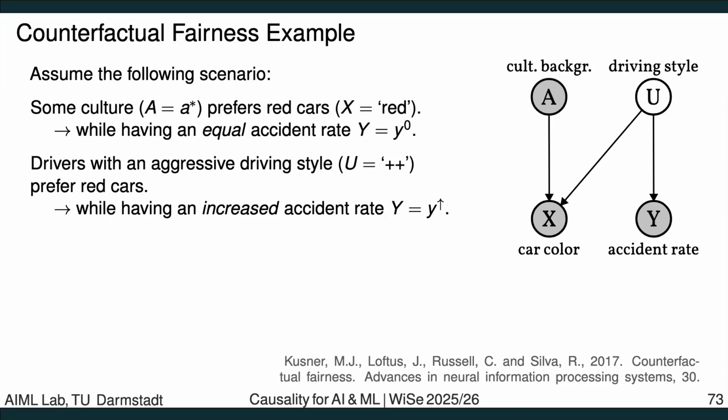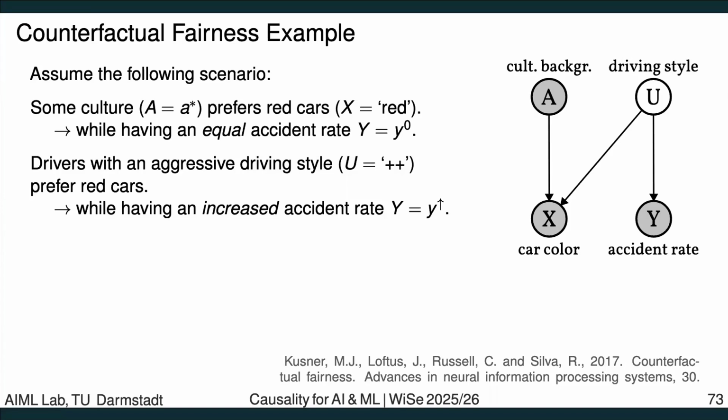So this one culture that prefers red cars, they drive maybe the same as every other culture, every other assignment of A. But maybe people that drive a bit faster prefer red cars, or I don't know, right? So we have this confounder, which is car color.